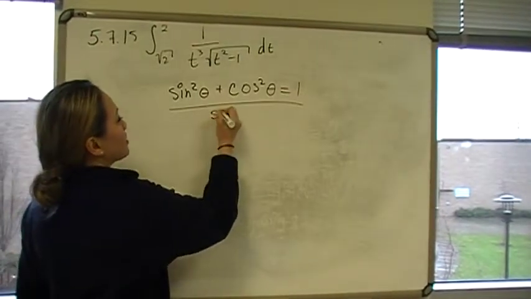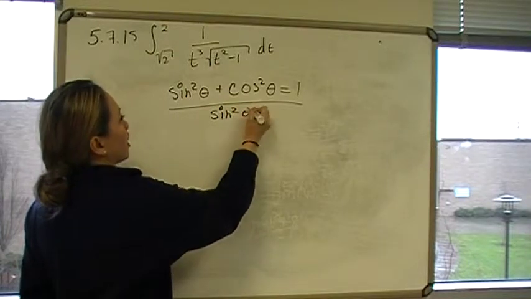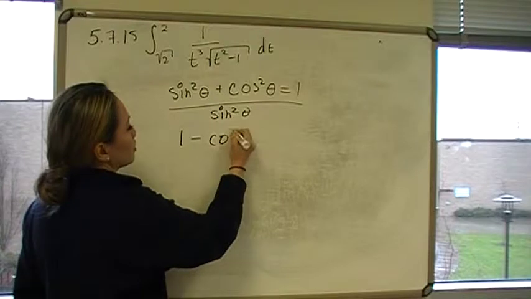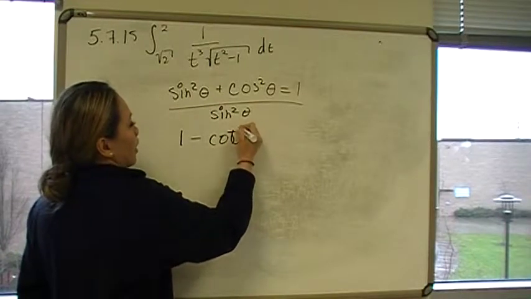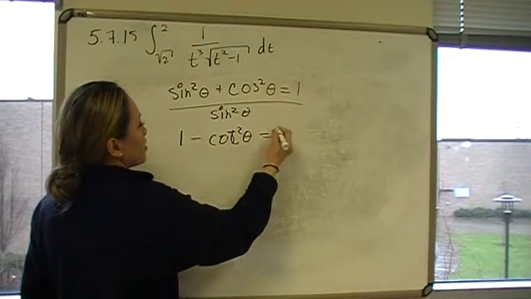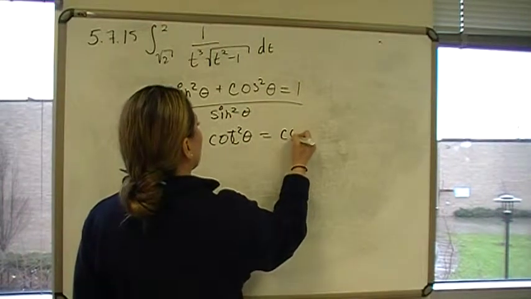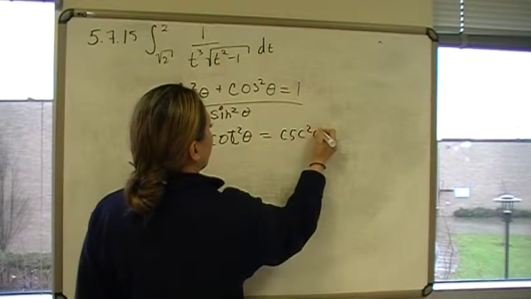If we divide through by sine squared theta, then we have 1 plus cosine over sine, which is cotangent squared of theta, is equal to cosecant squared theta.